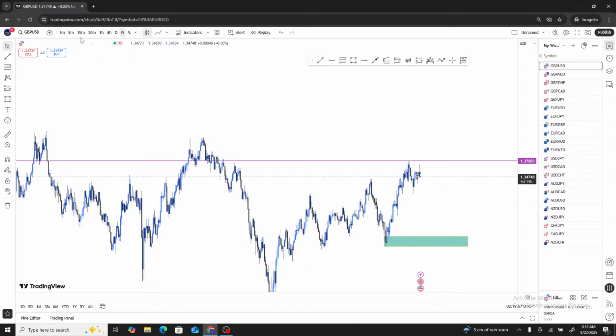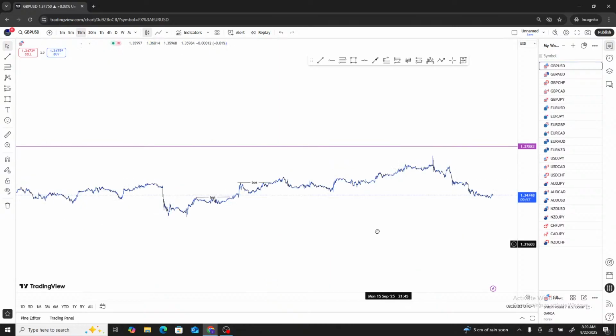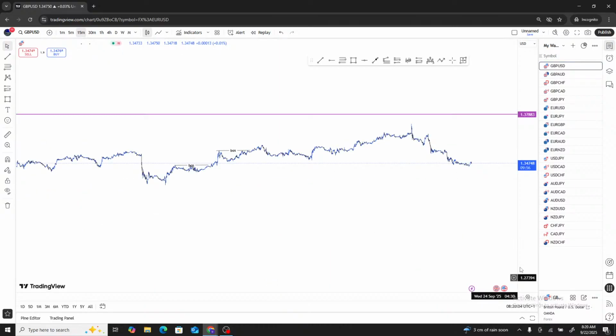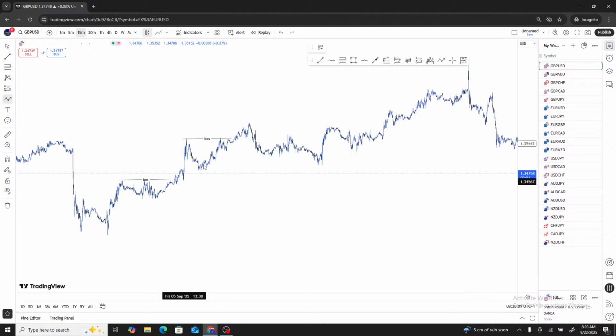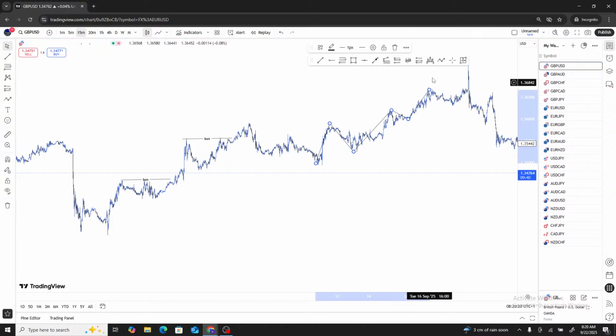We know that the market has changed its direction from an uptrend to a downtrend. Previously, the market was doing higher highs and higher lows, higher highs and higher lows, and boom, it broke.